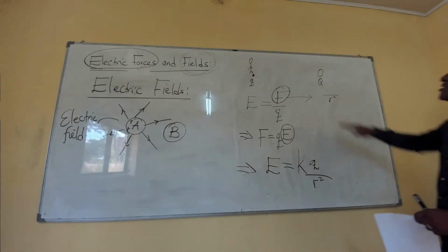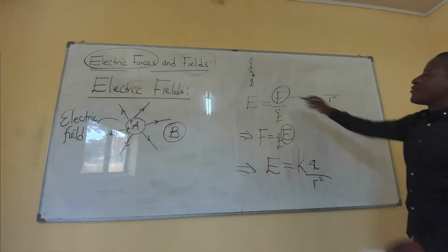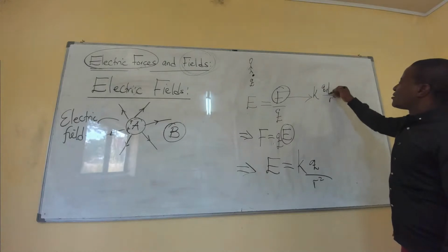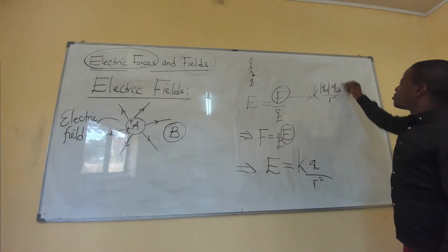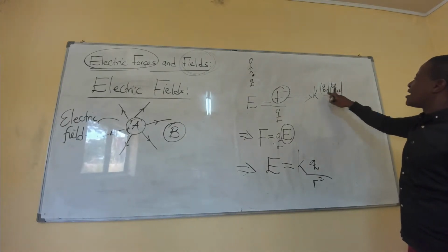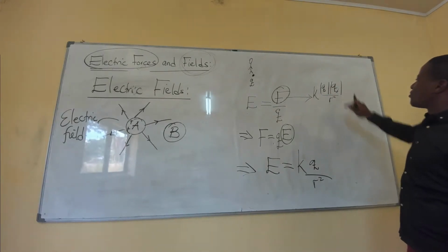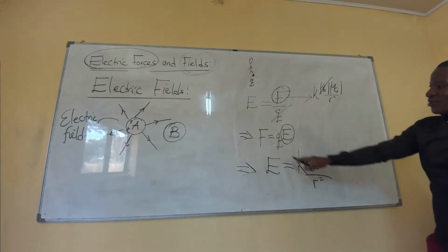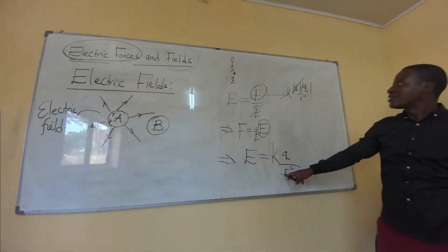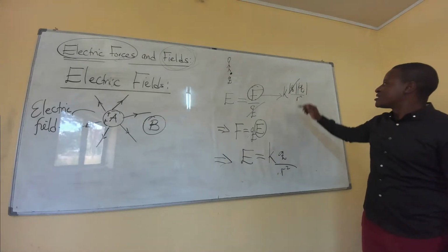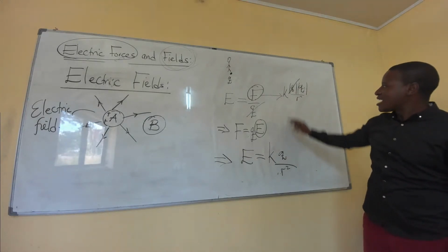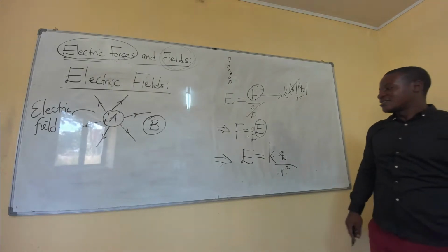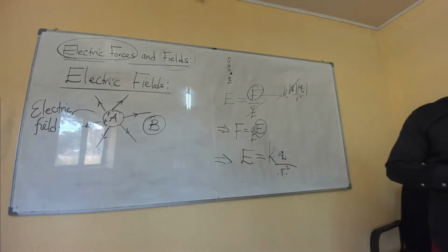Because we know that this F is nothing but K, Q1, Q2. So if Q1 and Q2 are the same, you just remove that. Then this one cancels with that. That's why you are not able to see this down here. It's because it has cancelled with one of these. Then this is what you are able to see. There, that is that. Then this becomes that. As simple as that. Okay.